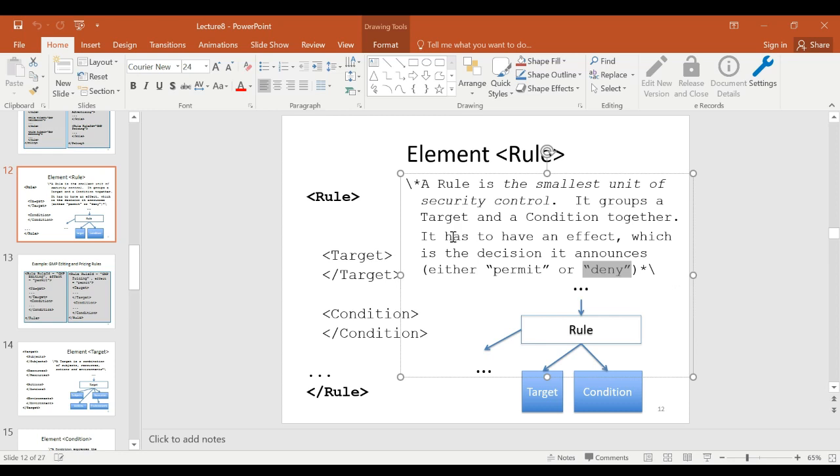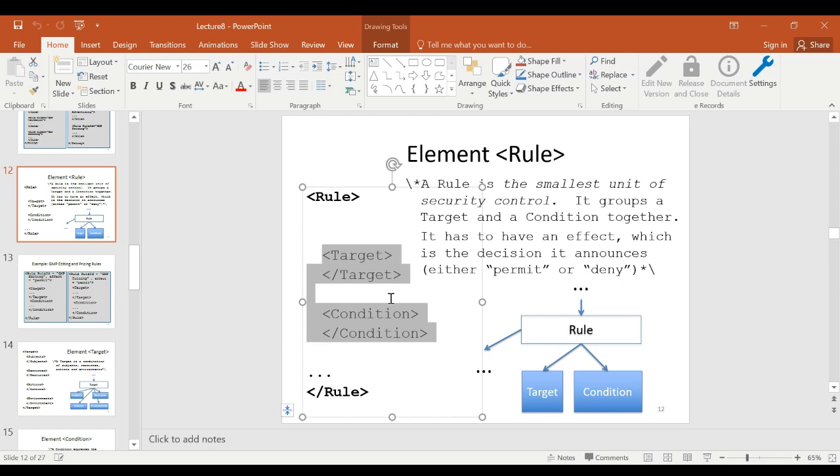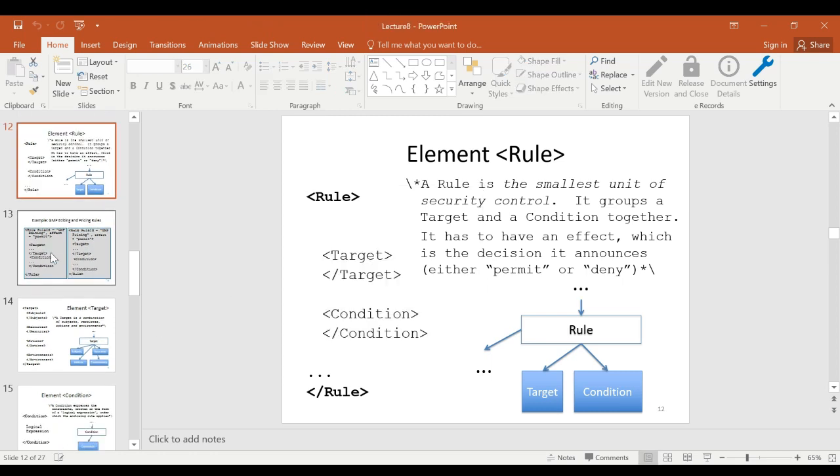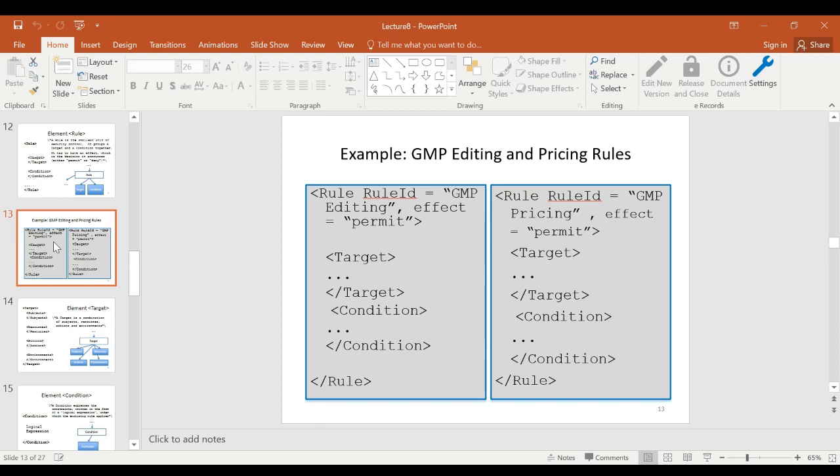So these are the outcomes of evaluating a rule. But as we said, the rule itself will contain two very important elements, the target and the condition. Let's first have a couple of examples. Let's go back to the example that we were talking about and look at a couple of rule examples here. First, you have the rule controlling the editing for the publishing department.